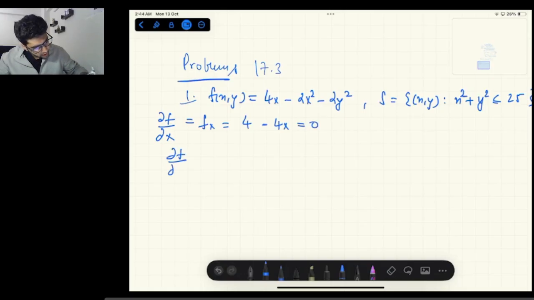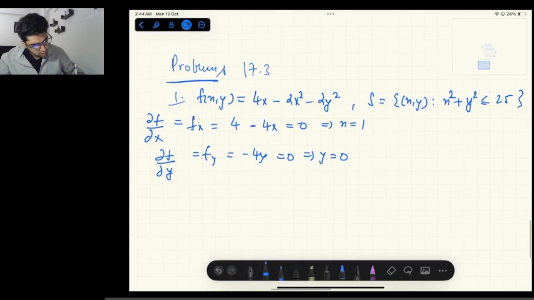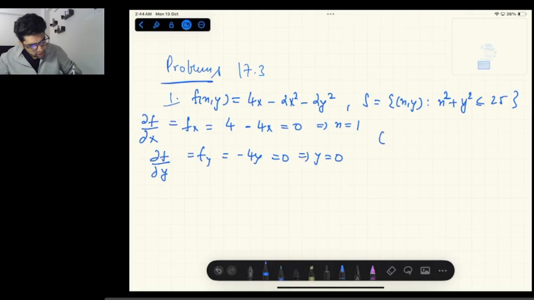Now ∂f/∂y = -4y, which is equal to 0. So y = 0 and x = 1. So my interior stationary point becomes (1, 0).